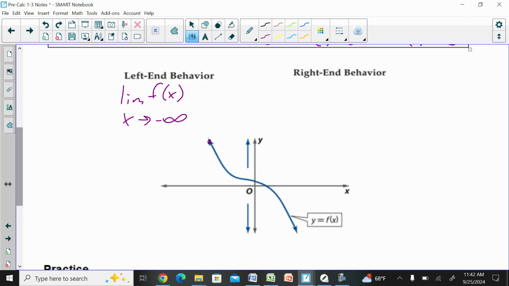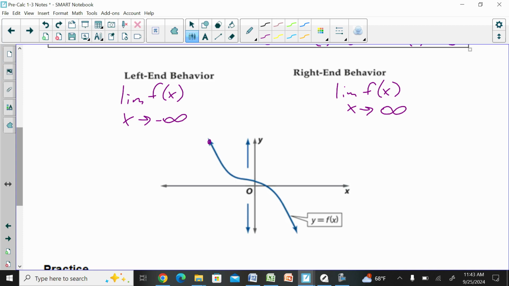And then the right-hand side would be the limit of f of x as x approaches infinity, because x is getting more and more positive. So that's kind of why we use the concept of limits.